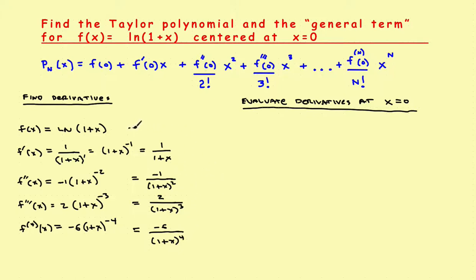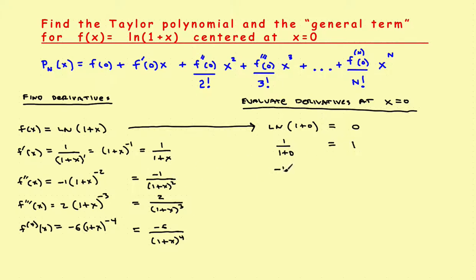And again, take each one, come straight across, and just evaluate the derivative, this time at x is equal to 0. So this would be the natural log, and in place of the x, put a 0. So the natural log of 1 is 0. Then this next one would be 1 over 1 plus 0, replace the x with a 0. And that's going to give you 1 divided by 1, which is 1.